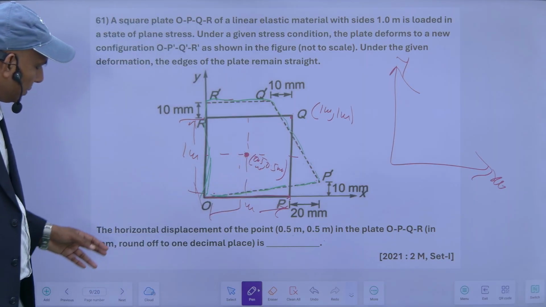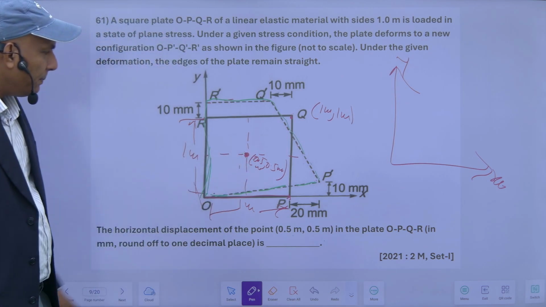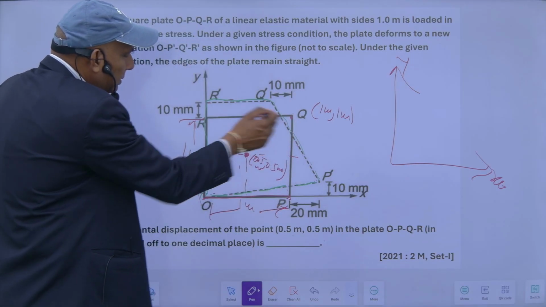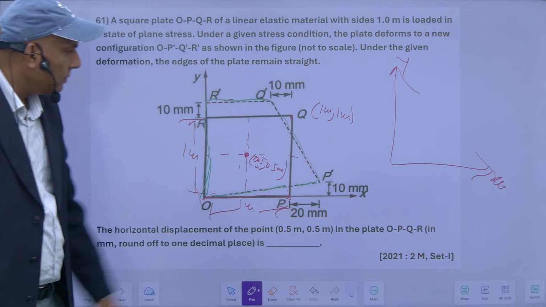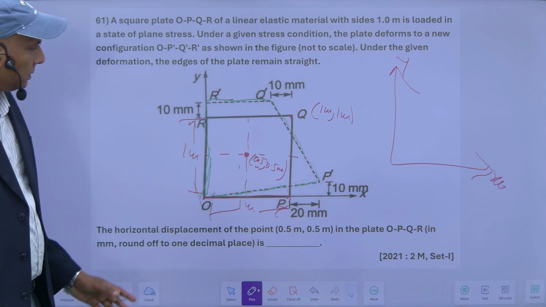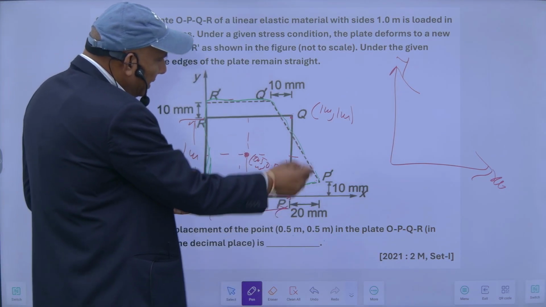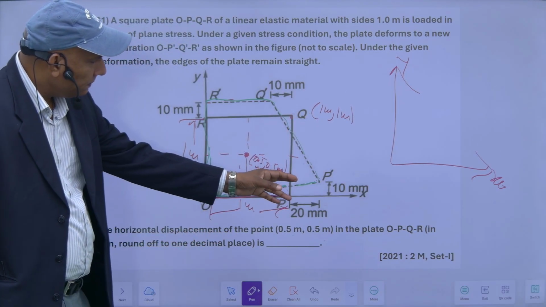What he wants to know is the horizontal displacement of this point in the plate OPQR, rounded off to 1 decimal place. So when you take this 1 meter and 1 meter length, the deformation is like this.